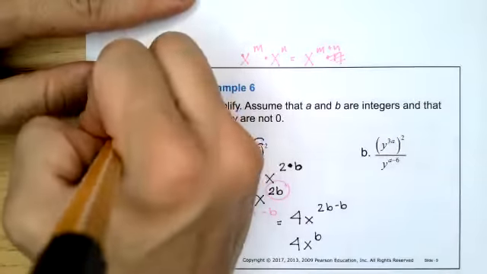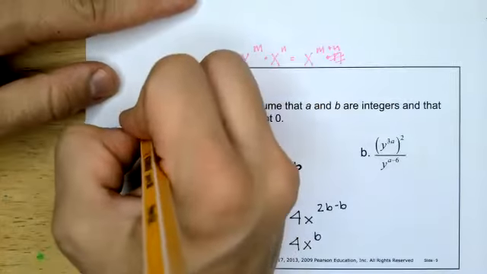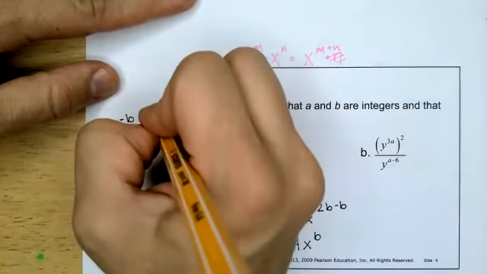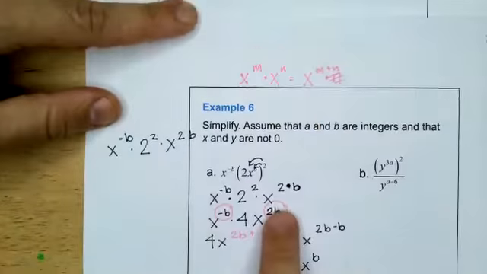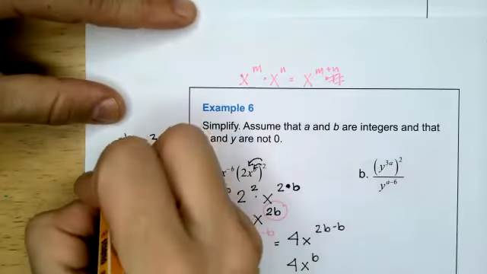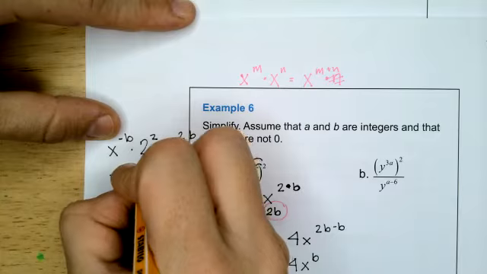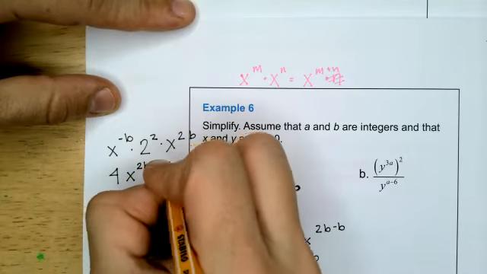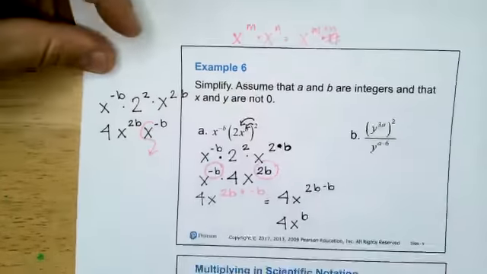Here's another way to do it. x to the negative b times 2 squared times x to the 2b, right? Becomes 4 times x to the 2b times x to the negative b. You think, oh, that's a negative exponent, I'm going to move it down. That's also fine.